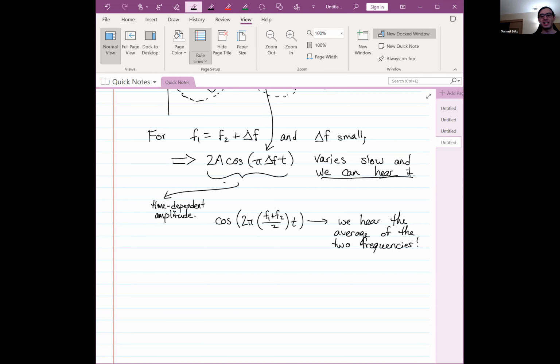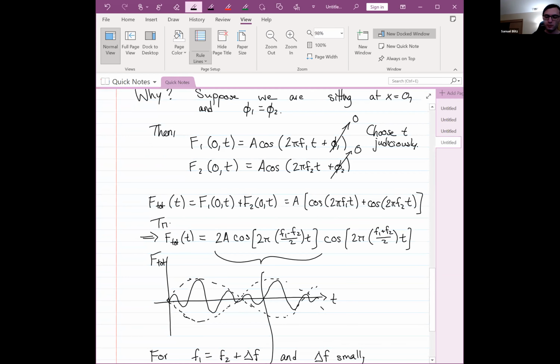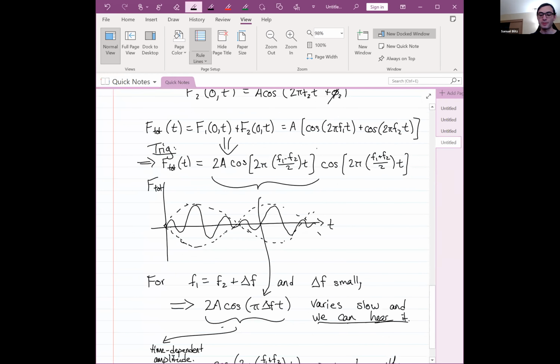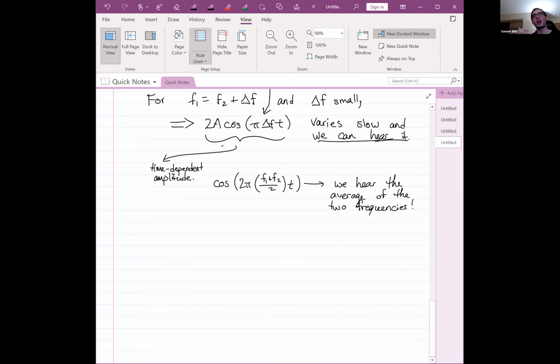So the question then is how do we find the time-dependent amplitude again? This is just trig. It's just trig stuff to go from here to here. And so this first term is a time-dependent amplitude. The second term is an oscillation that has frequency which is the average of the two original frequencies.